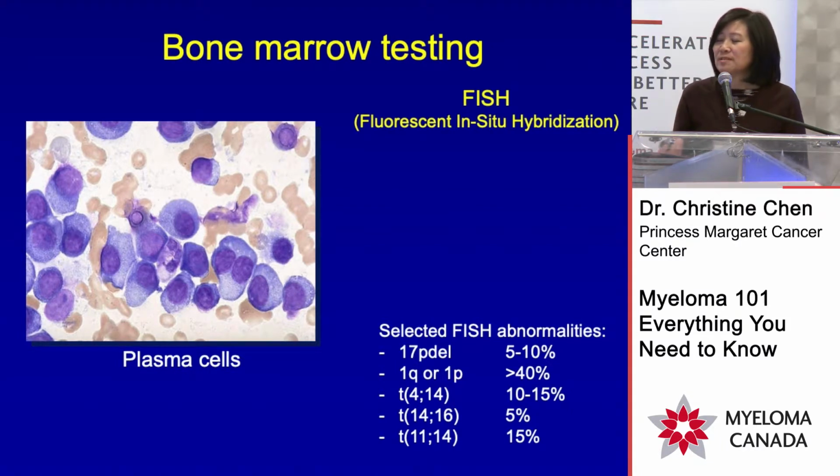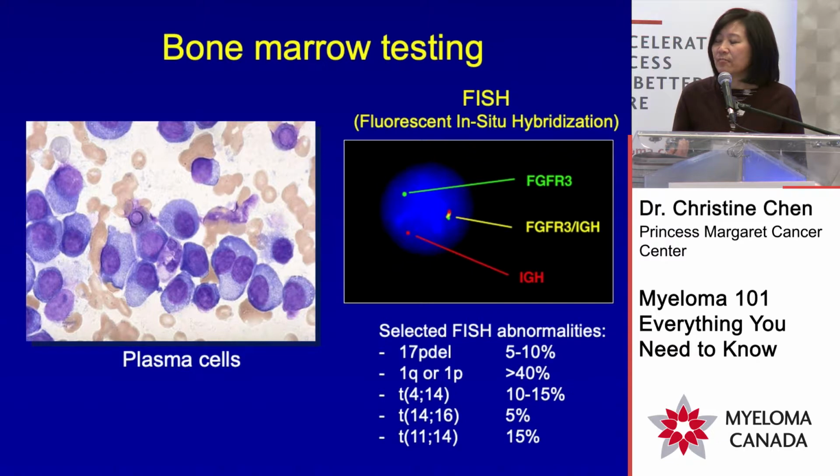The bone marrow, besides identifying the plasma cells and allowing us to quantitate them, so the pathologist will say it's 1%, 10%, 15%, or 90%, also allows us to do some genetic testing. I talked about the genetic abnormalities we see. We typically do a test called FISH, an acronym for fluorescence in situ hybridization.